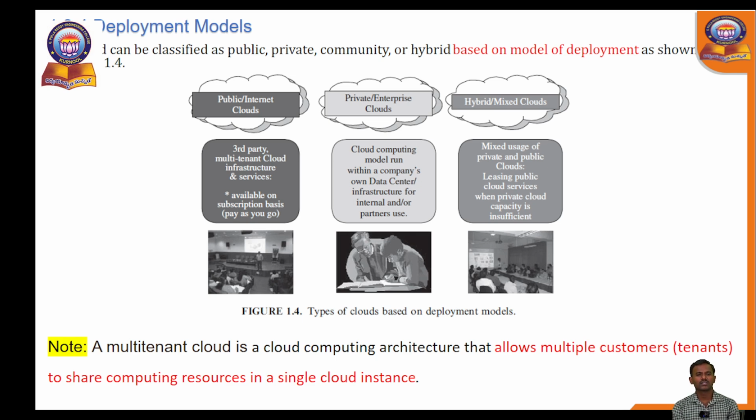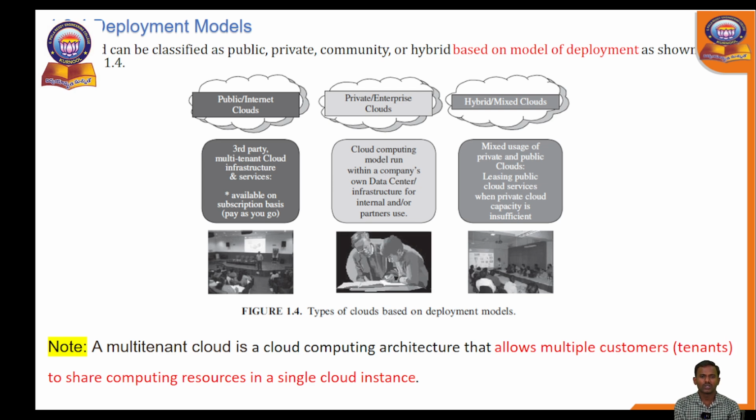Coming to the next topic, deployment models. A cloud can be classified as a public cloud, private cloud, community cloud, or hybrid cloud. This category is based on the model of deployment. In the diagrammatic representation we have public cloud, private cloud, and hybrid cloud. Public cloud is available to the users on a subscription basis, that is, pay as you go.